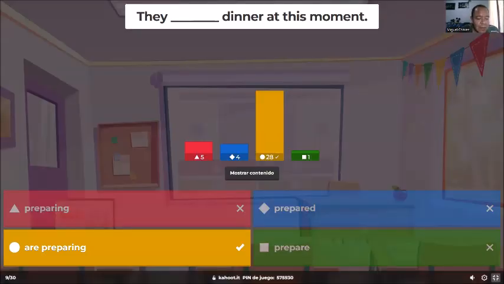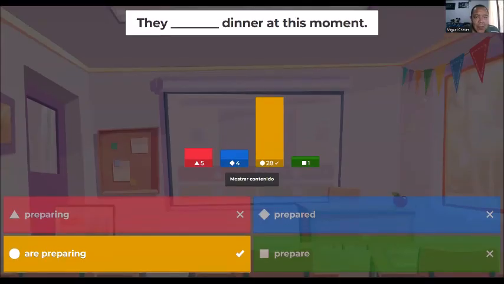The right answer is are preparing. They are preparing dinner at this moment.